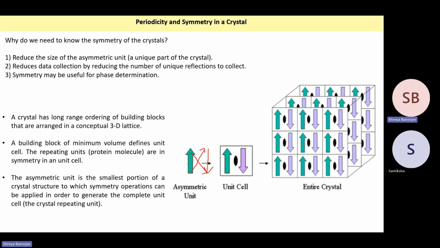If you carry out a symmetry operation on the asymmetric unit, you will generate the unit cell. That is why it is called asymmetric unit, because it is asymmetric on its own, but if you carry out a symmetry operation, then it will generate the unit cell, which becomes the repeating unit of the entire crystal. So the asymmetric unit is the smallest portion of a crystal structure to which symmetry operations can be applied to generate the complete unit cell.